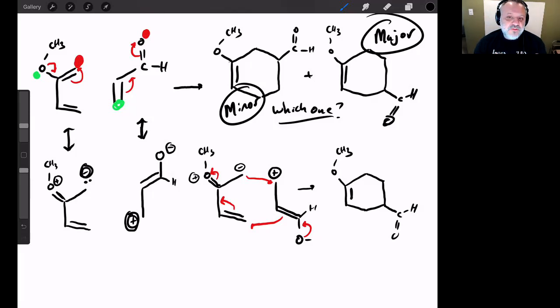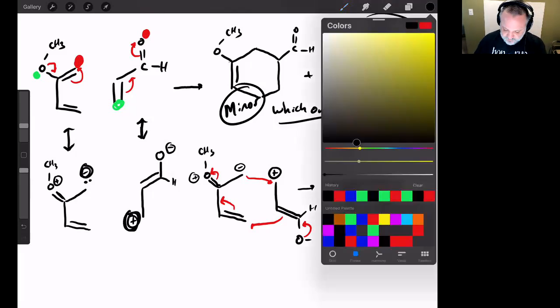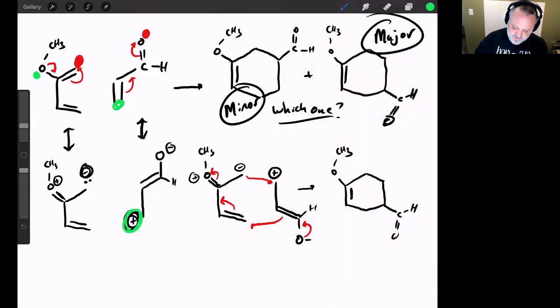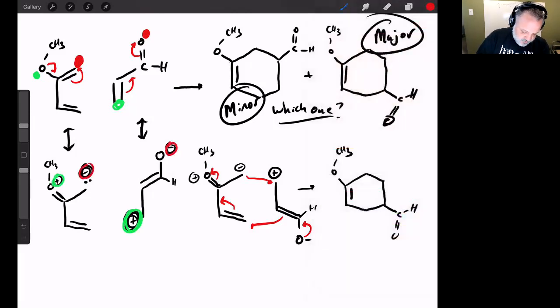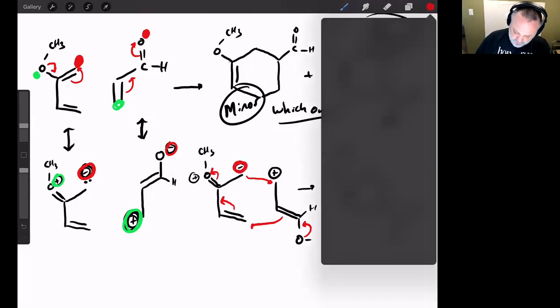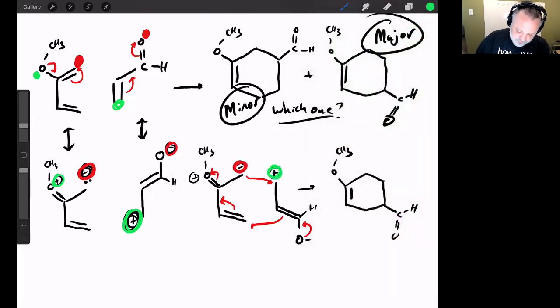The consideration you'll need to make is, are there some partial positive charges that I have to think about in order to line up the molecule in the correct direction with some other partial negative charges? Thinking, of course, that the partial negative charges will want to line up with the partial positive charges, and that's what will lead to the major product.